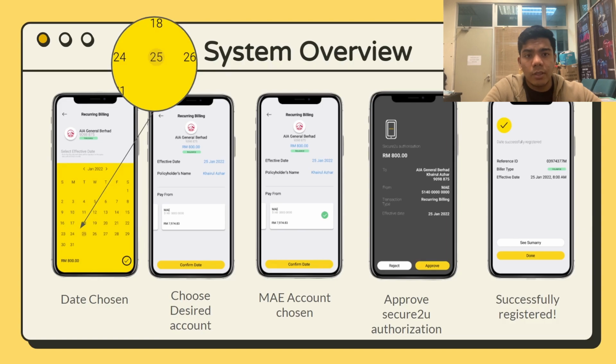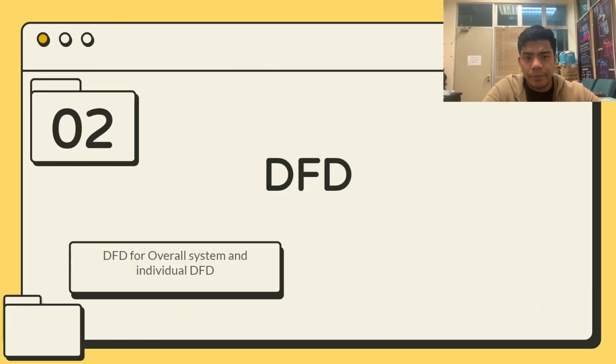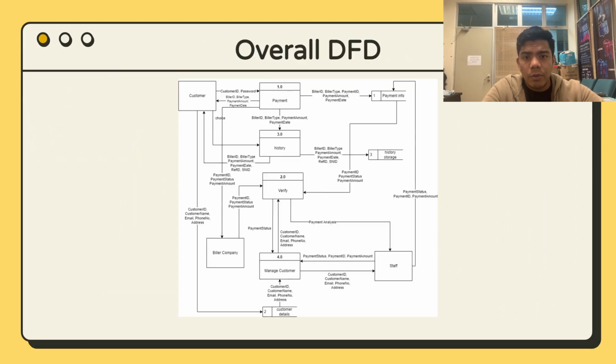Alright, so this is for the data flow diagram. Basically, this is our group's data flow diagram. We have one module for payment, another for verify, the third for history, and the fourth to manage the customer.